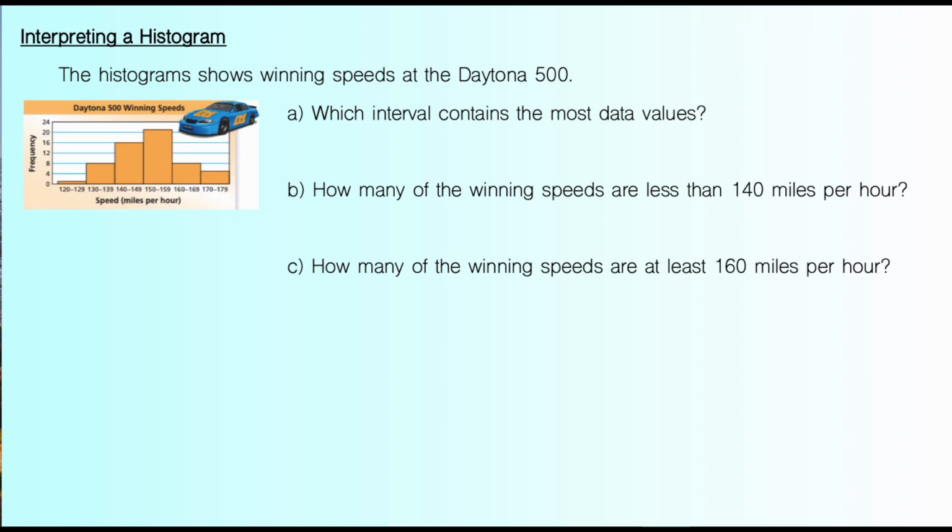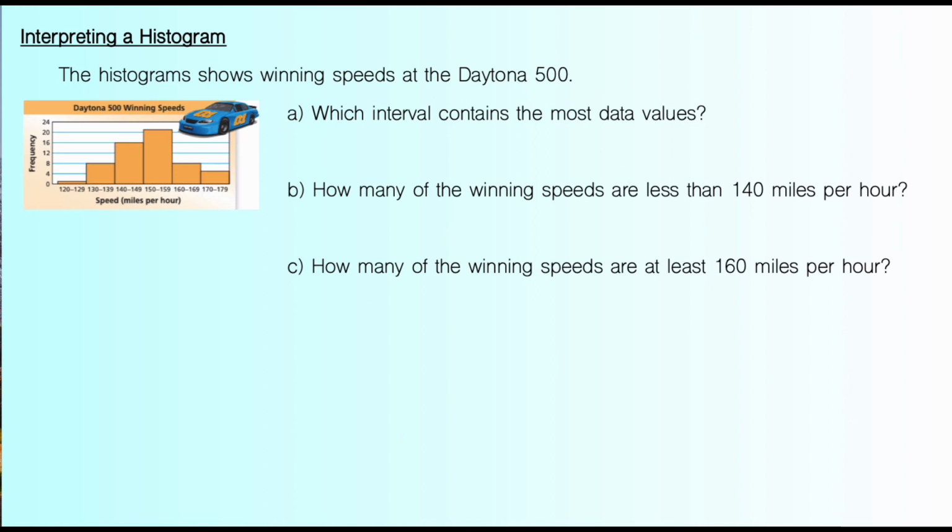The first interval, it looks like there were maybe 1 or 2 cars that had a winning speed somewhere in the range of 120 to 129 miles per hour. There were 8 cars that had a winning speed somewhere between 130 and 139 miles per hour, and so on and so forth. I think you can interpret that from there.